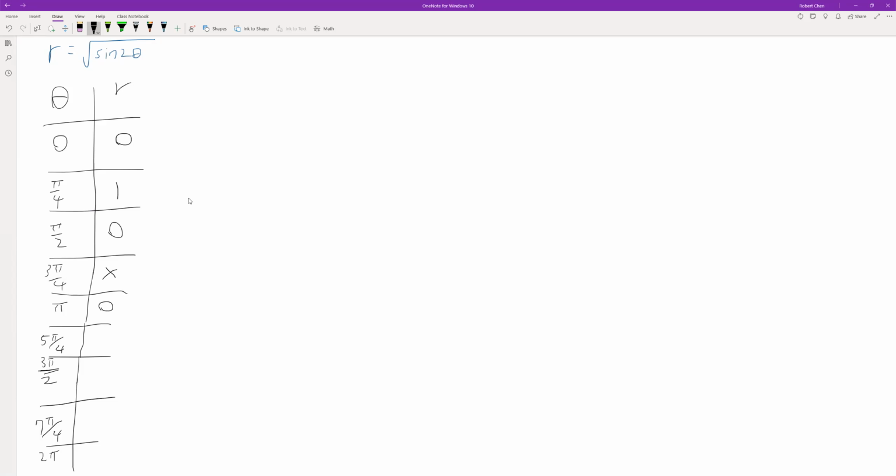Sine of 5 pi over 2, same thing as pi over 2, right? So that's 1, right? Sine of 3 pi is 0. Sine of 7 pi over 2, that's the same thing as 3 pi over 2. That's going to be the square root of negative 1, right? And then sine of 4 pi, that's going to be 0. So you'll see that actually we have a few unknowns, but not a big deal. Let's go ahead and graph it first.